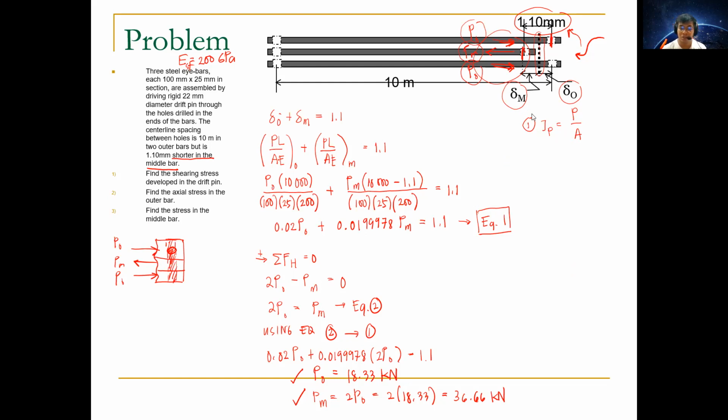Since we are presented with 3 different forces and all are parallel with respect to the pin, the question is, which force do we use? Is it 18.33 or the 36 point something?